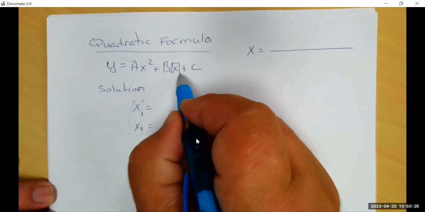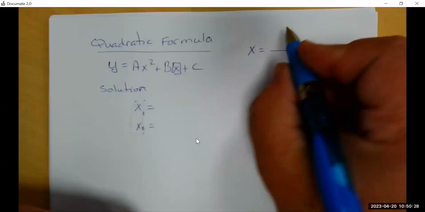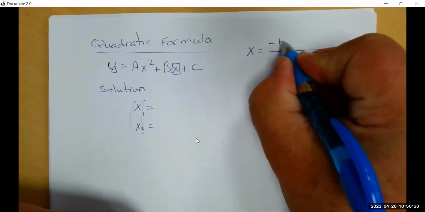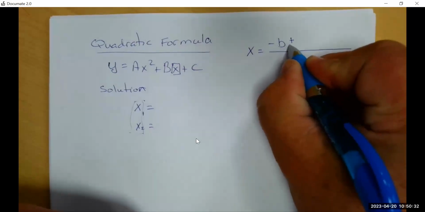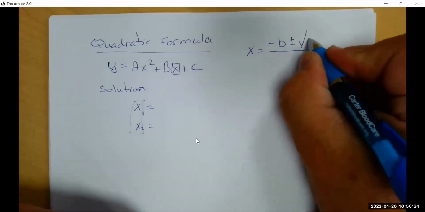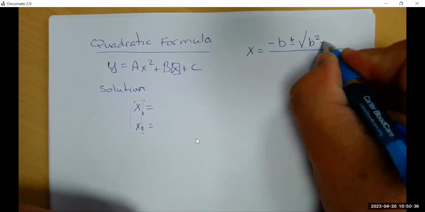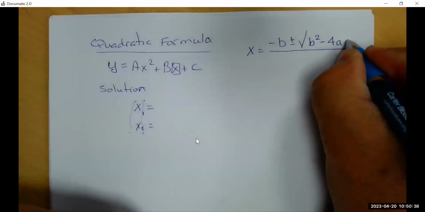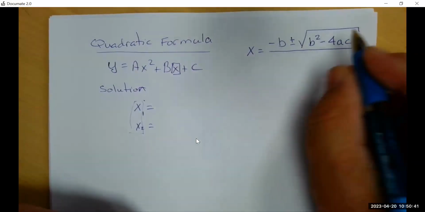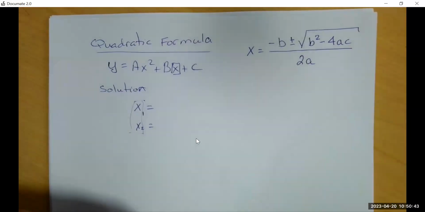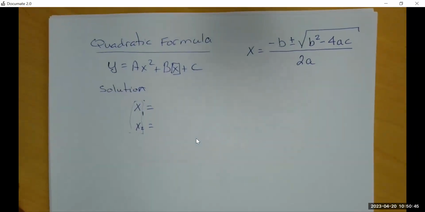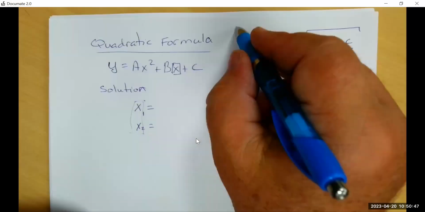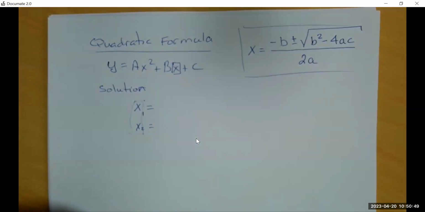It solves for x. Negative b plus or minus the square root of b squared minus 4ac, over 2a. This formula will always work.